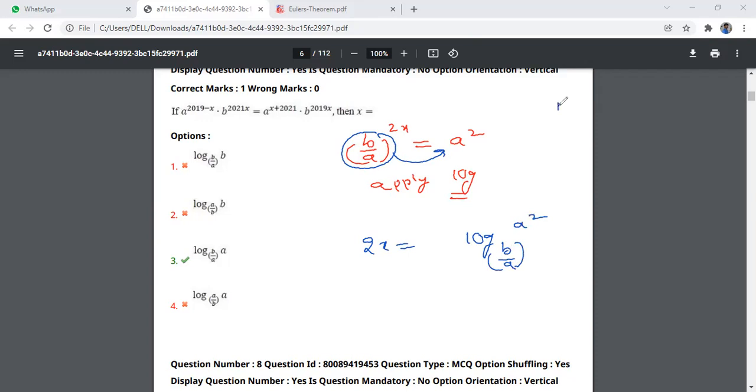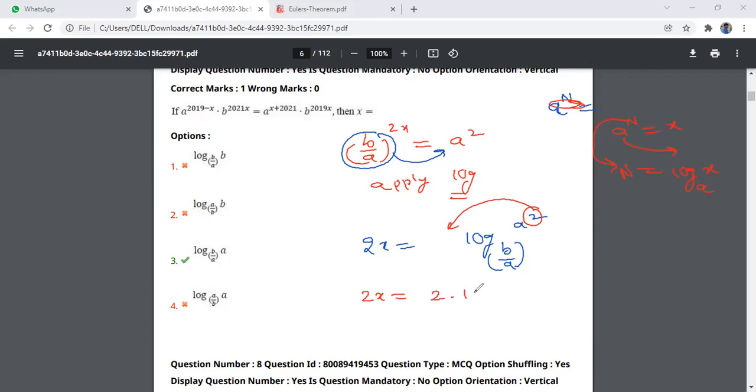Because our formula is a power n is equal to x, if you apply log, this power will remain here, and this base will go that side, means log with the base here, and x will come here. That is our formula. Now 2x is equal to, this power will come to the front.